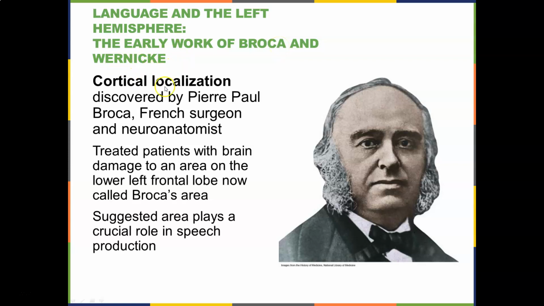Okay, so first of all, this person right here, Broca, he found a part of the brain kind of near the frontal lobe, and he found that persons who had damage to that part, and they actually call that Broca's area now, have a hard time with speaking clearly. Okay, so Broca has to do with speech.